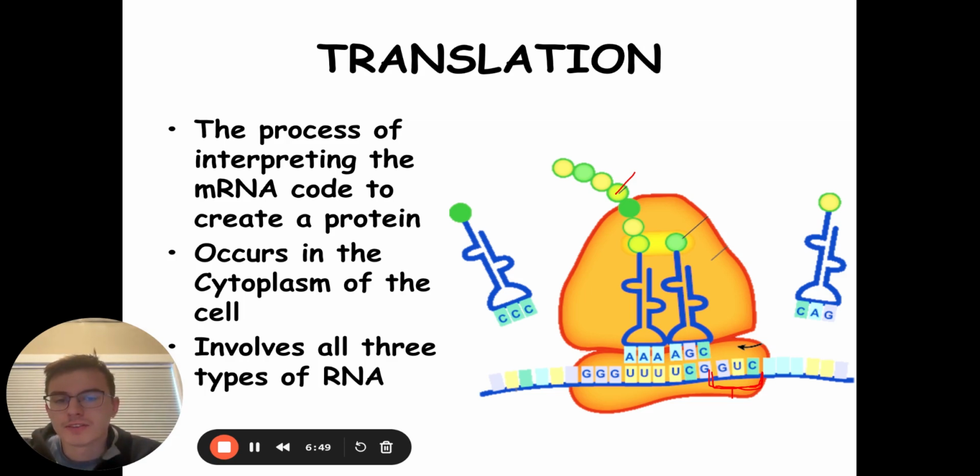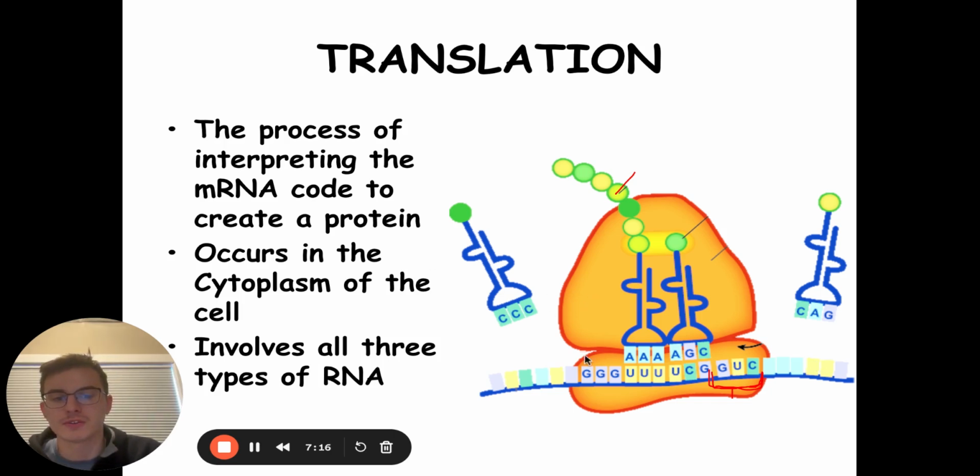Now we got to talk about what's involved, what's actually doing all this. Because we don't just spontaneously take an mRNA molecule and then turn it into a long chain of amino acids. We need other things involved. So what we have here in this picture is all 3 types of RNA. We have mRNA, right, our message, and there's 2 more RNAs that we need to involve.